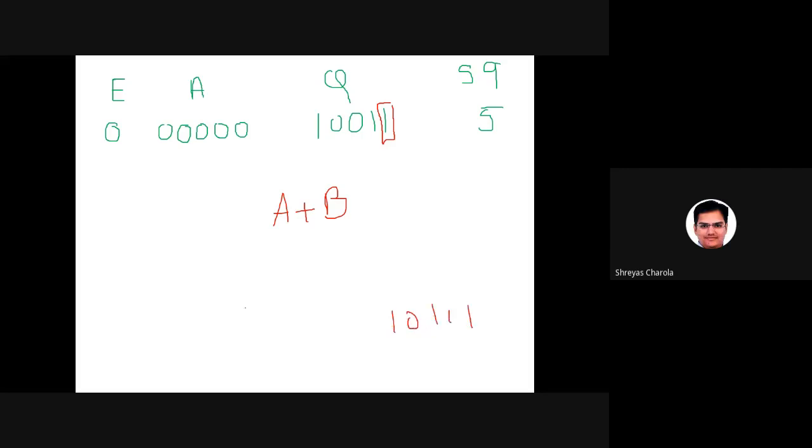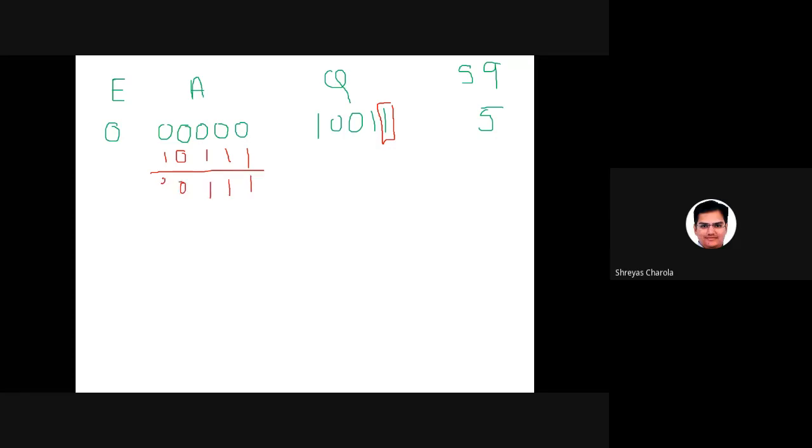If the last bit is 1, I will add the number to the accumulator, that is 10111, and then I'll do the addition. The rest of the number stays as it is. Still the sequence counter is 5.